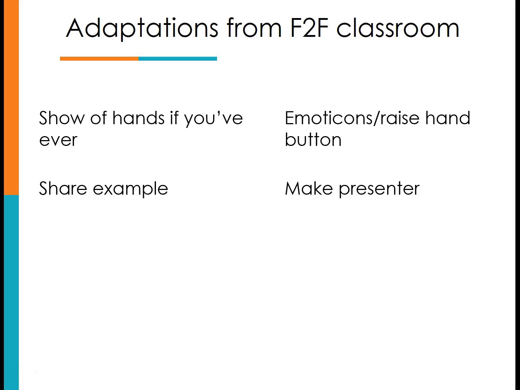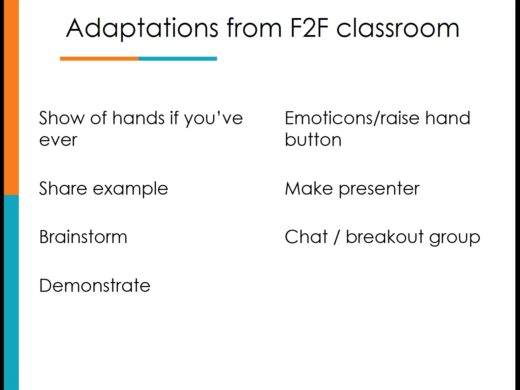If you want students to brainstorm, then you could get them to do this in the chat box, and you can also use the breakout group feature where you can split the class into different groups. If you need to demonstrate something, you could use the application share feature, or you could use the webcam. Some lecturers would have a sheet of paper being recorded showing them working out an equation, for example.